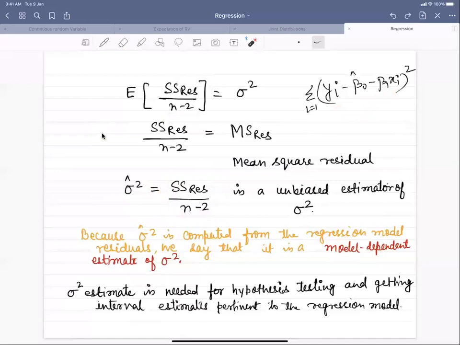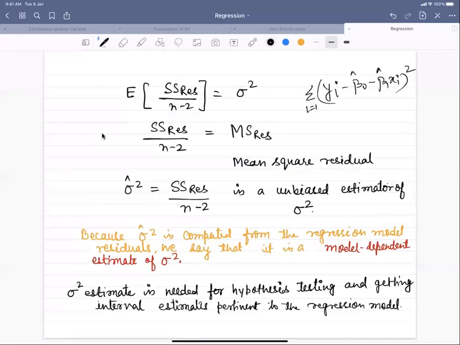This should be cap here. Because it's model dependent, we are computing it from the model. So this is a model dependent estimate of sigma square. It's not the actual or true value of sigma square. It depends upon how good your model is fitting, right?